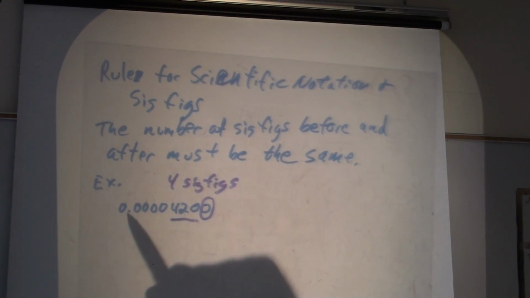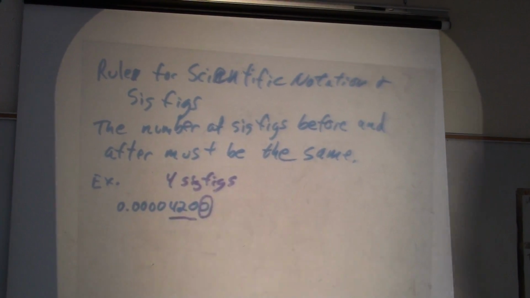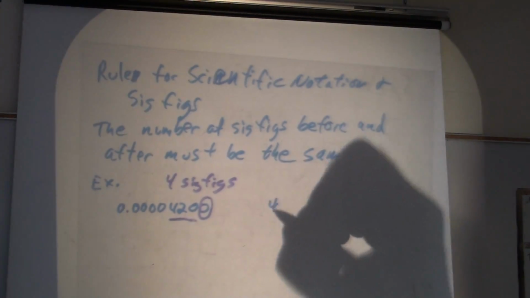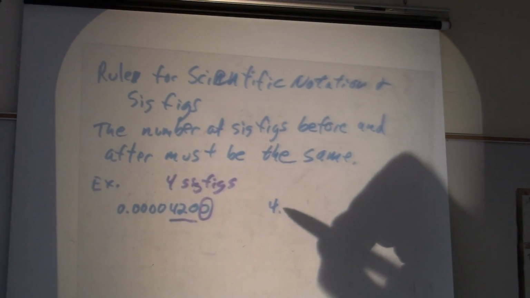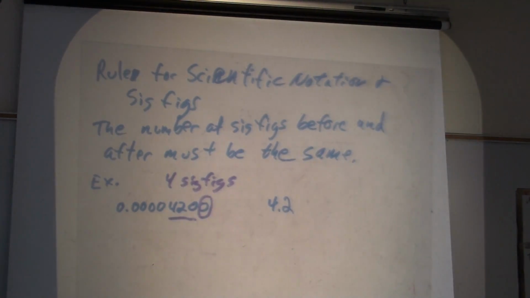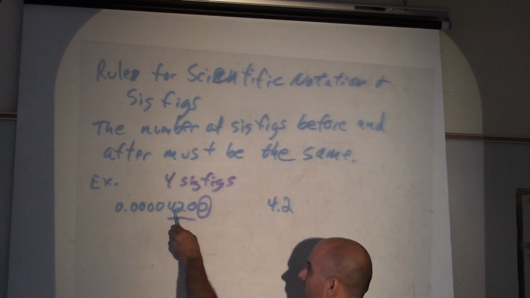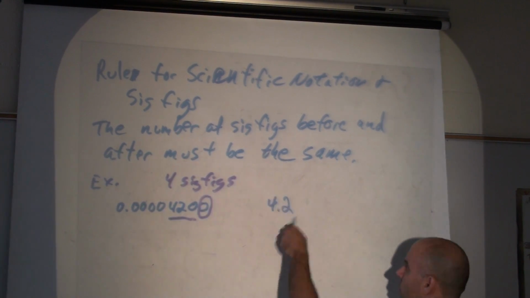So I'm going to shift this over, 1, 2, 3, 4, 5. Now I have the number 4.2.